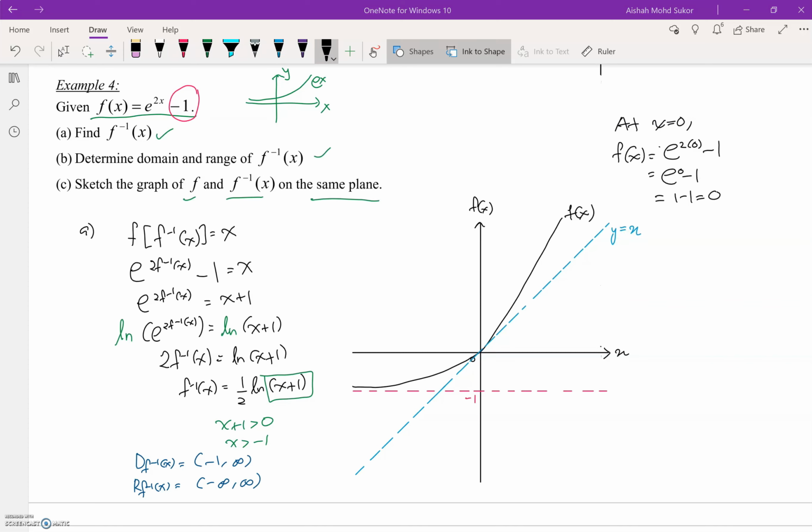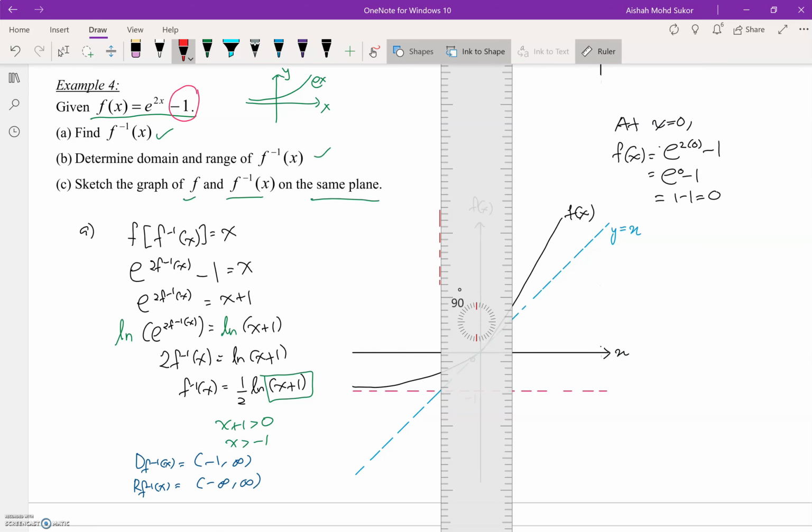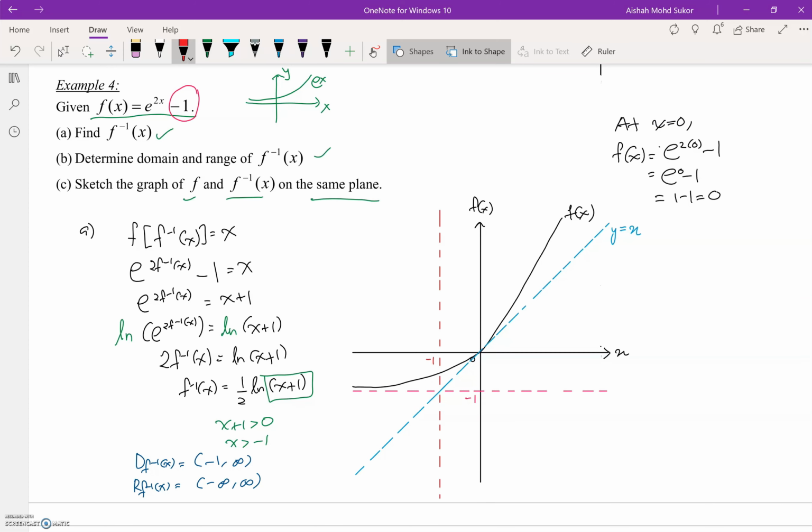To get the other graph, we need to reflect the graph at y equal to x. Before you reflect the graph, you need to reflect all the points on the graph first. So here we have a horizontal asymptote at y equal to -1. So if you want to reflect the graph, there will be a vertical asymptote at x equal to -1. So our graph will look like this.